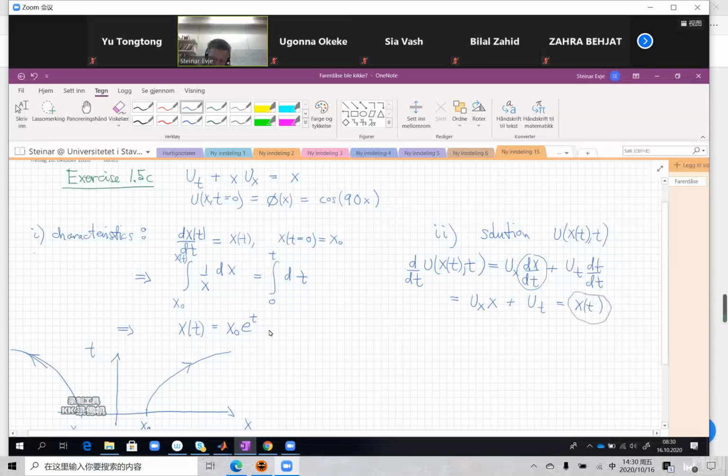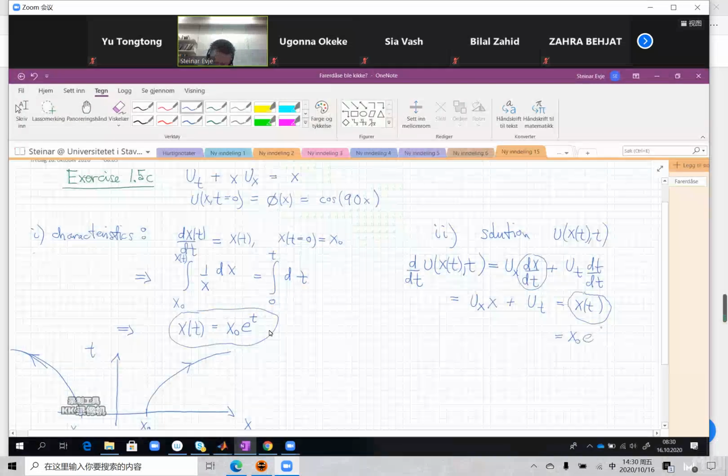Here is our x of t. Well, the point is that we actually have computed and found an expression for x of t, the characteristic. It's over here. So we can simply insert this expression here, which is x0 e^t.